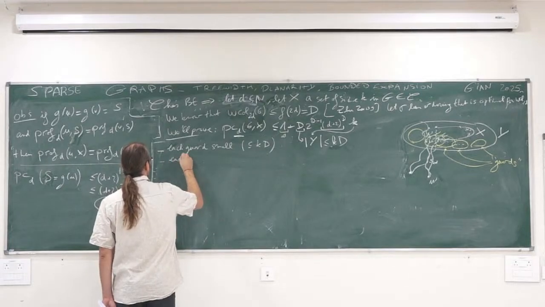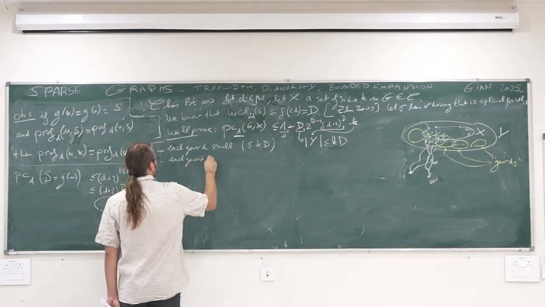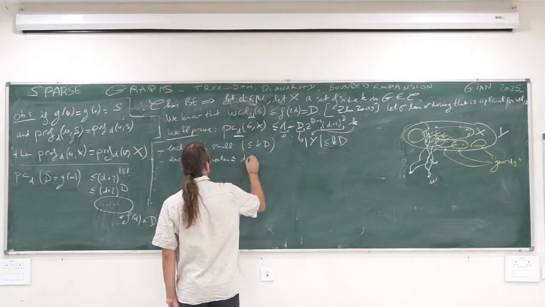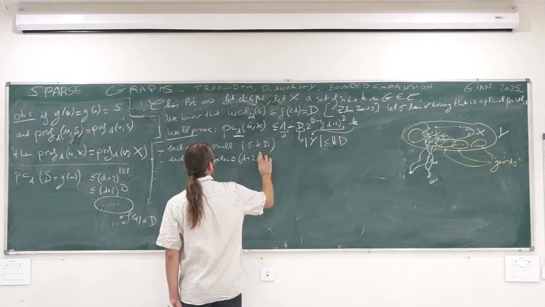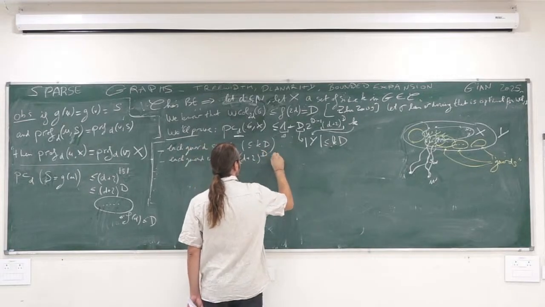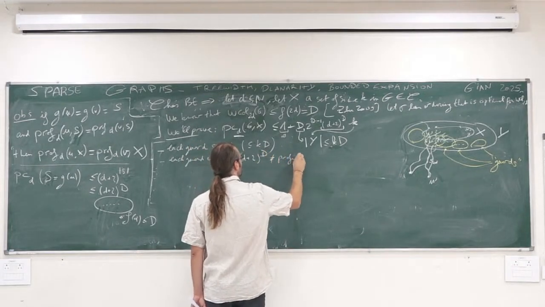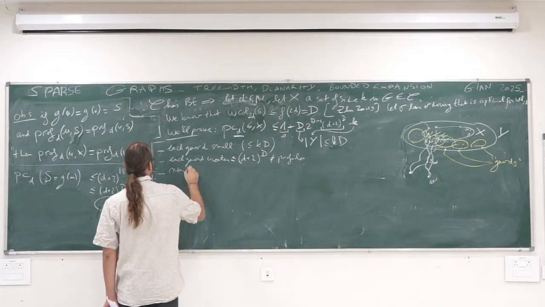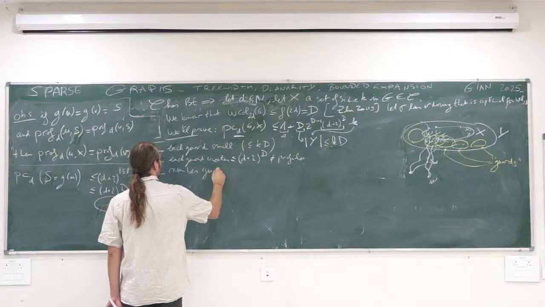Each guard creates at most that many different profiles. What is missing is the number of guards. So each guard is of size at most D, right? Not K.